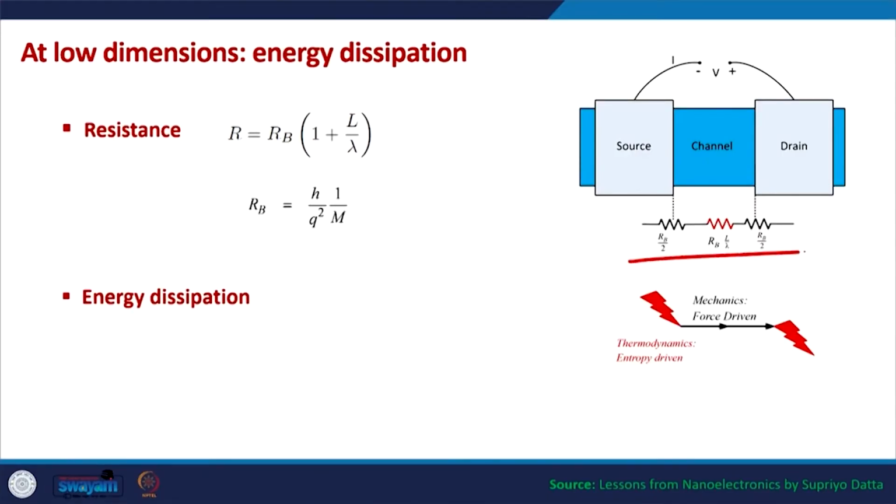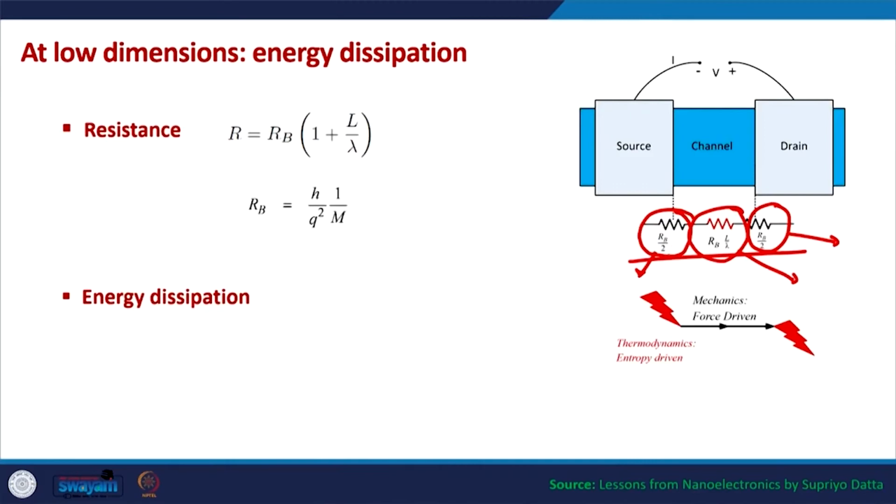One is because of the length independent resistance, and one is because of the length dependent resistance. And in a ballistic conductor, since the length dependent resistance is not there, the only resistance is this Rb, the contact resistance. So, the entire voltage drop, or the entire power dissipation, happens at the contacts in a ballistic conductor.